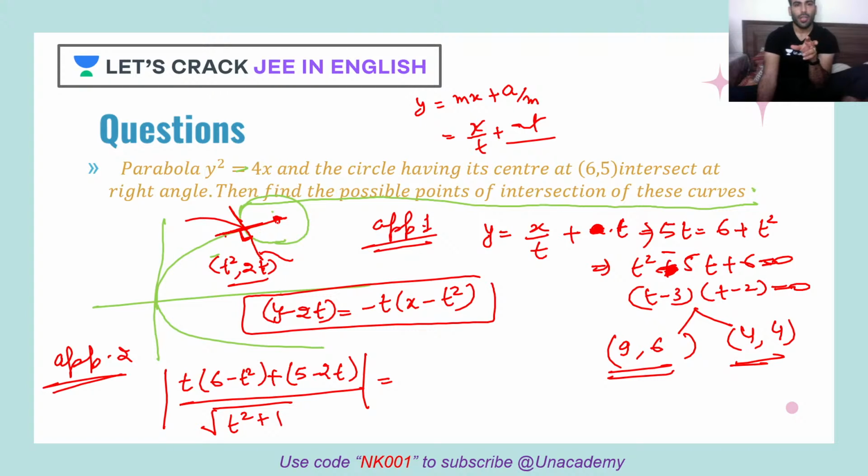Now the radius would be the distance from (6, 5) to this point, because this point is also lying on your circle. So (t square minus 6) whole square plus (2t minus 5) whole square.